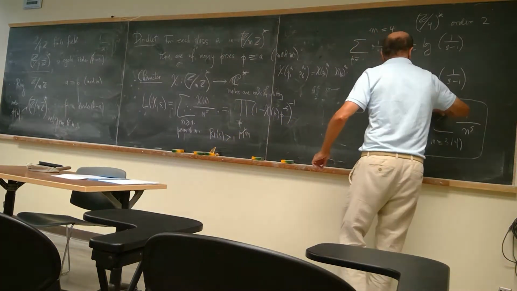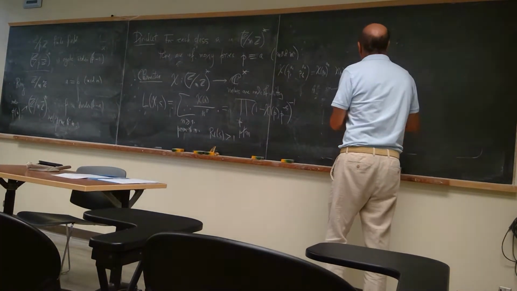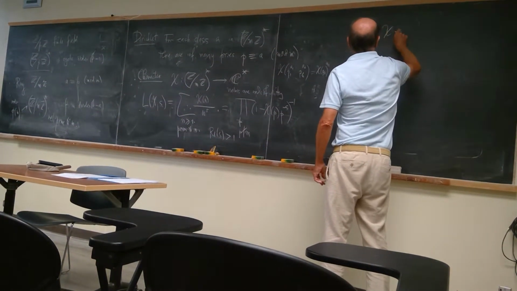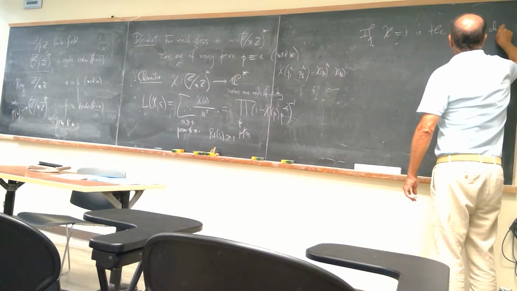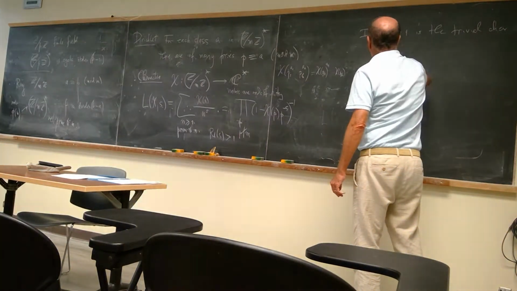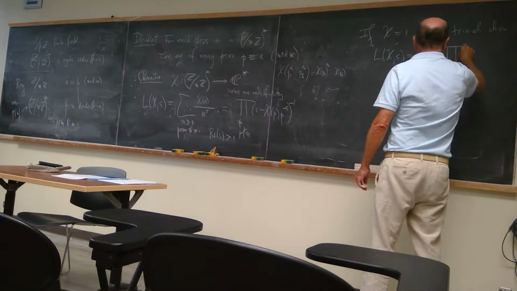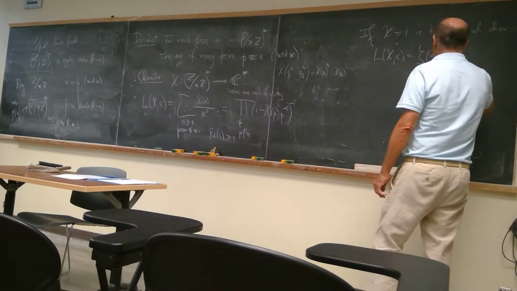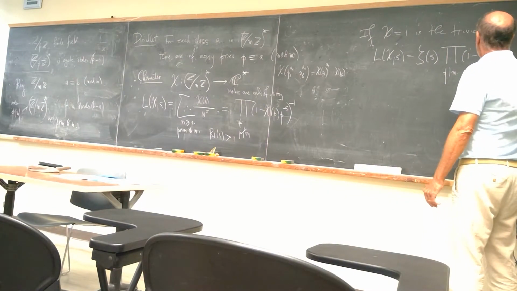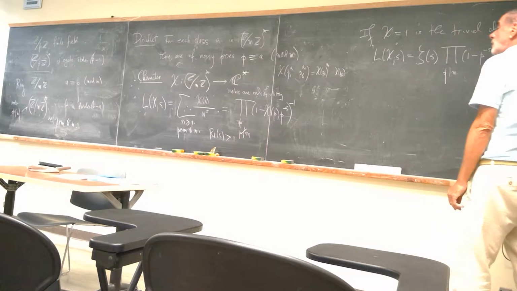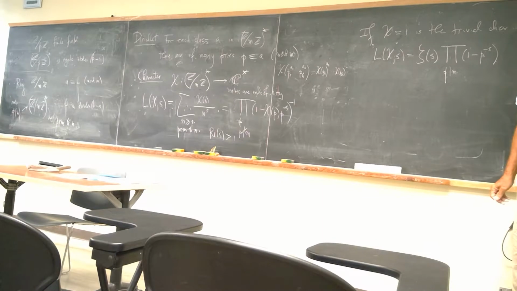So we conclude that if chi is equal to 1, the trivial character, then L chi of s is the zeta function times a finite product over the primes dividing m of 1 minus p to the minus s. Because that would cancel out the term in the zeta function, and you just would be left with the product over the primes not dividing m, right?